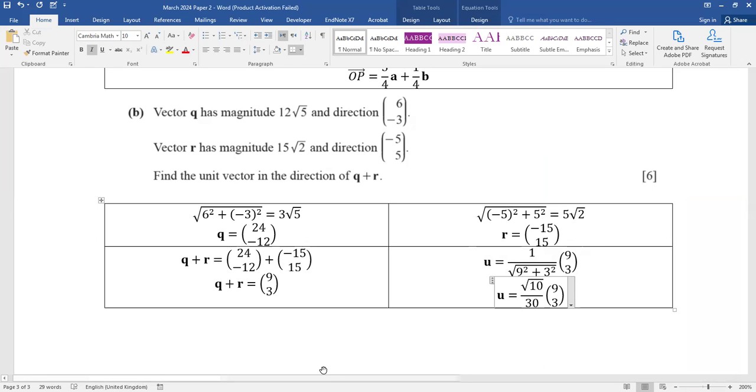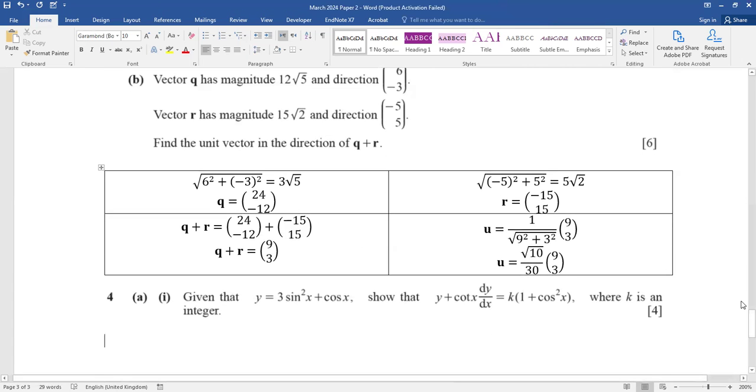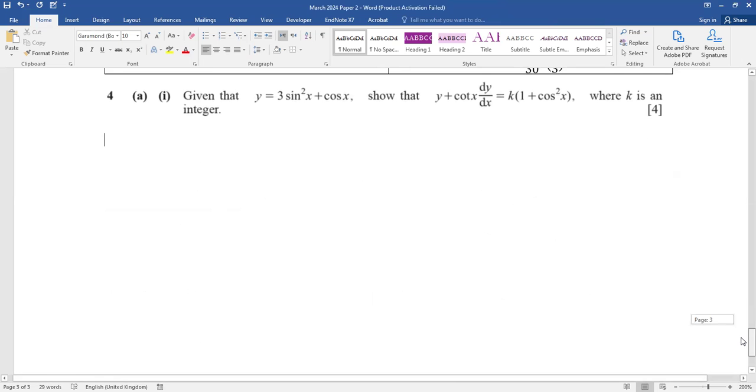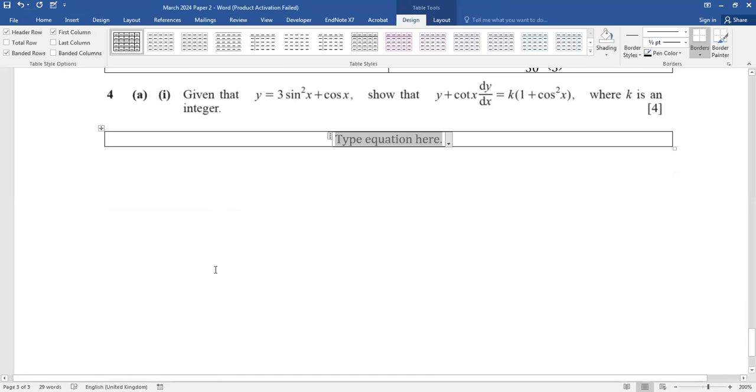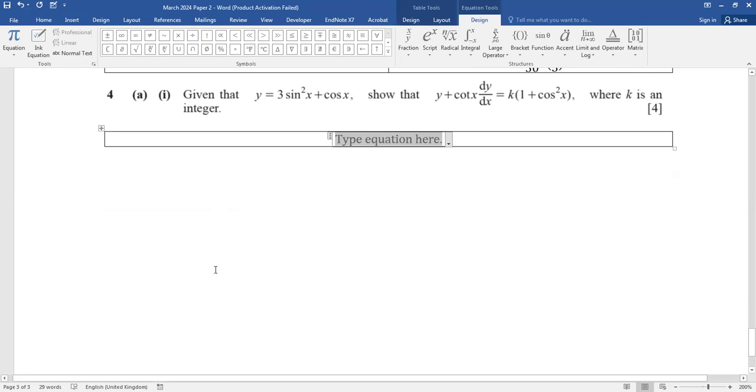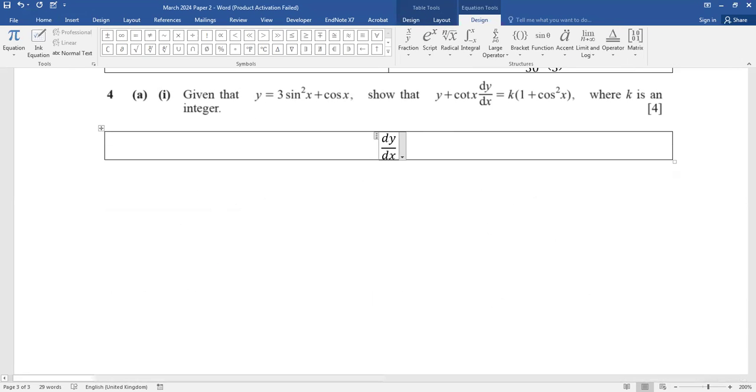Now moving on to question number 4, which is regarding differentiation and its simplification. Given that y is this, show that, okay, if we were to differentiate it, how will we differentiate it? 6 sine x cos x minus sine x.